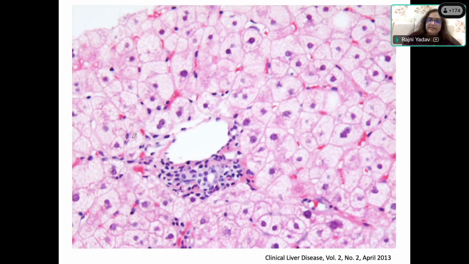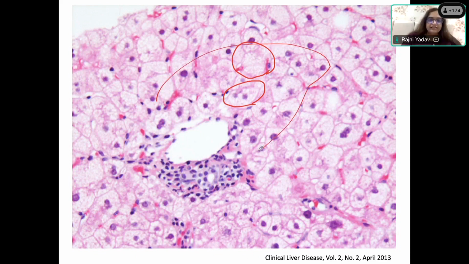This is another pattern which can be seen in alcoholic liver disease. This is known as acute alcoholic foamy degeneration. Now see what is happening here. All the hepatocytes are swollen, and they have these tiny vacuoles which you cannot draw a line around. So that's a microvesicular steatosis which is diffuse.